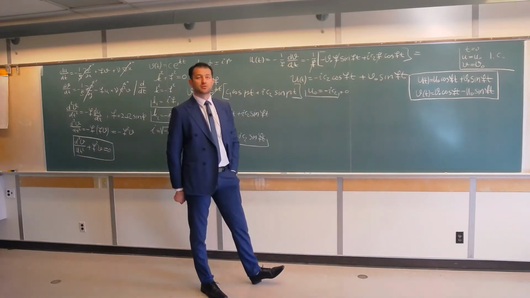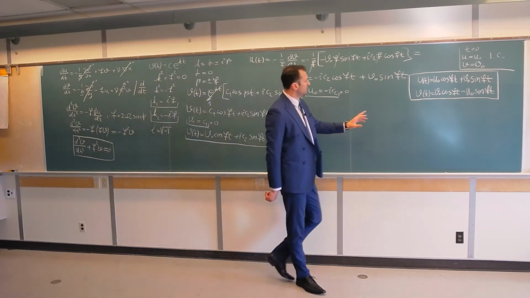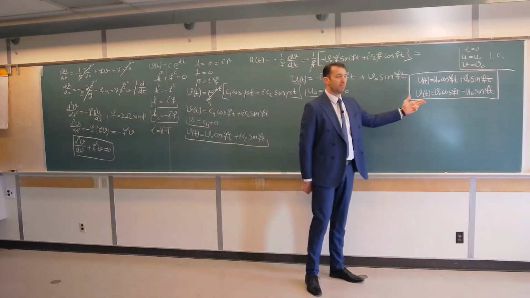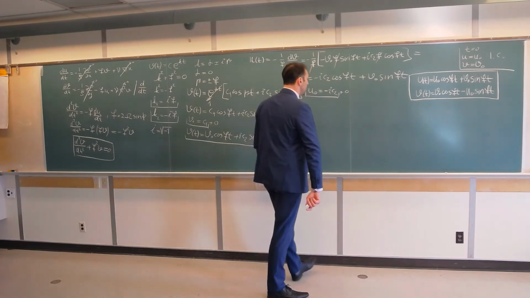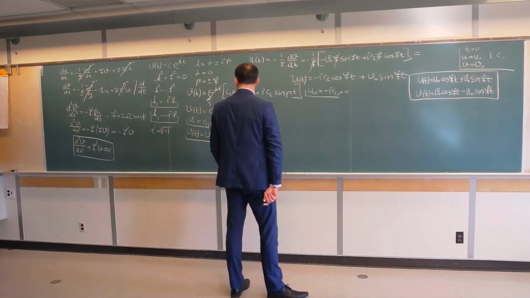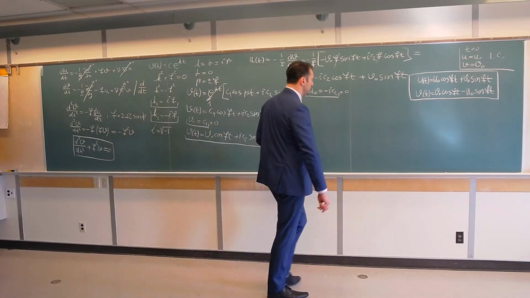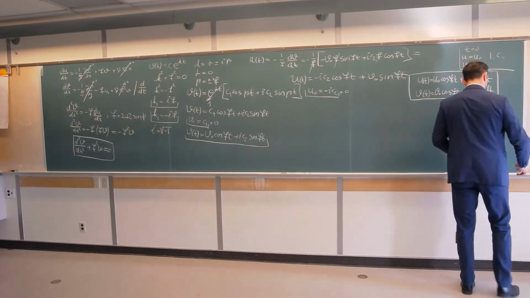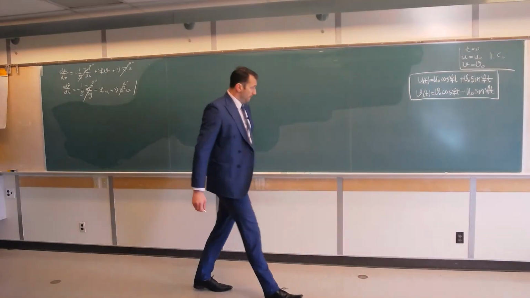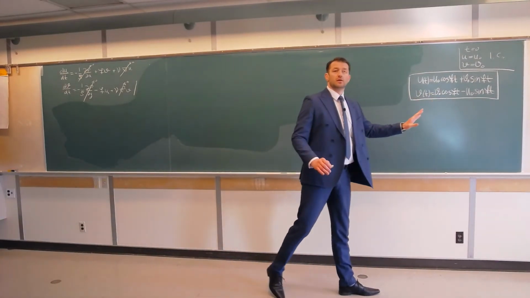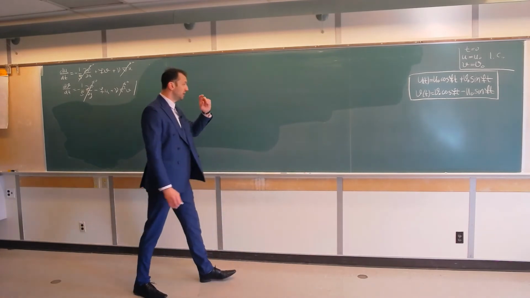I will demonstrate to you that indeed these two equations, when combined, give you an equation for a circle. To do that, I have to erase this part over here. Okay, so the blackboard is clean now.